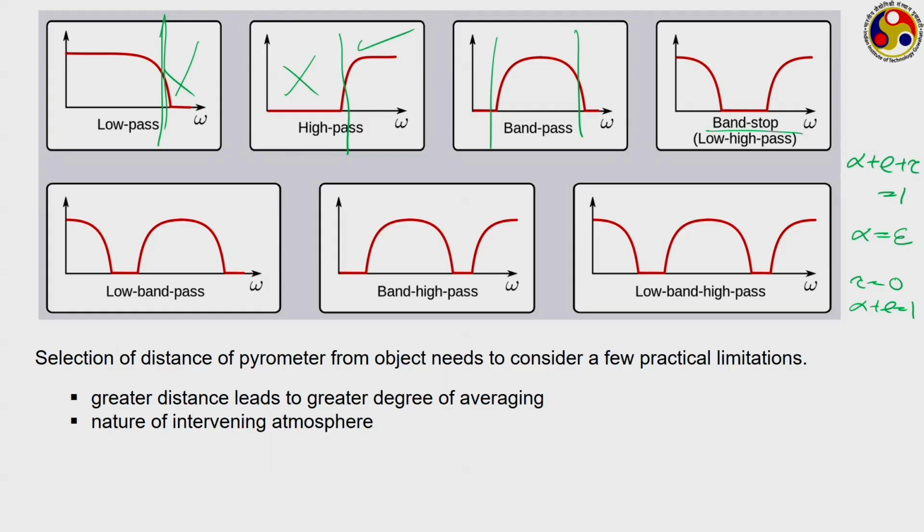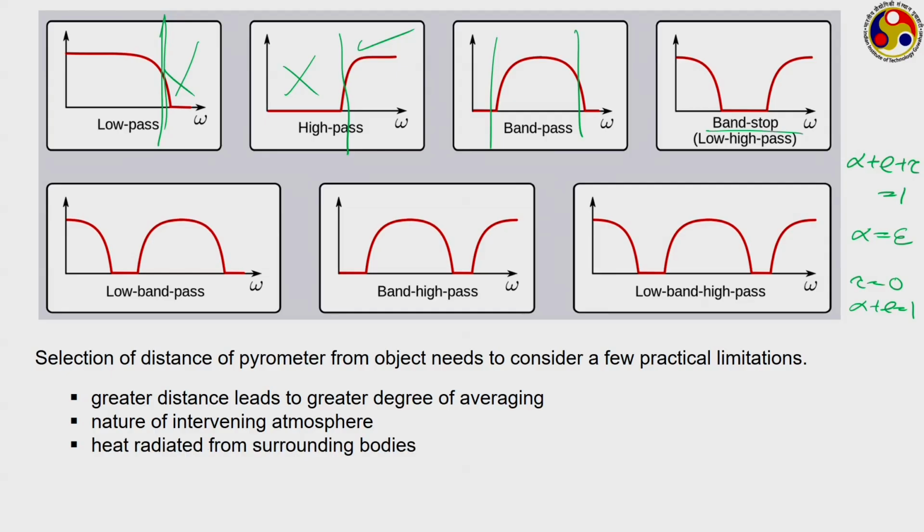The nature of the intervening atmosphere: while we generally consider the atmosphere to be non-participating, the presence of certain gases like carbon dioxide or water vapor can absorb a significant amount of radiation. Also, the presence of dust or moisture particles can lead to reflection from the medium itself. So, if such participating media is present, then a significant portion of the initial irradiation coming from the source may get lost.